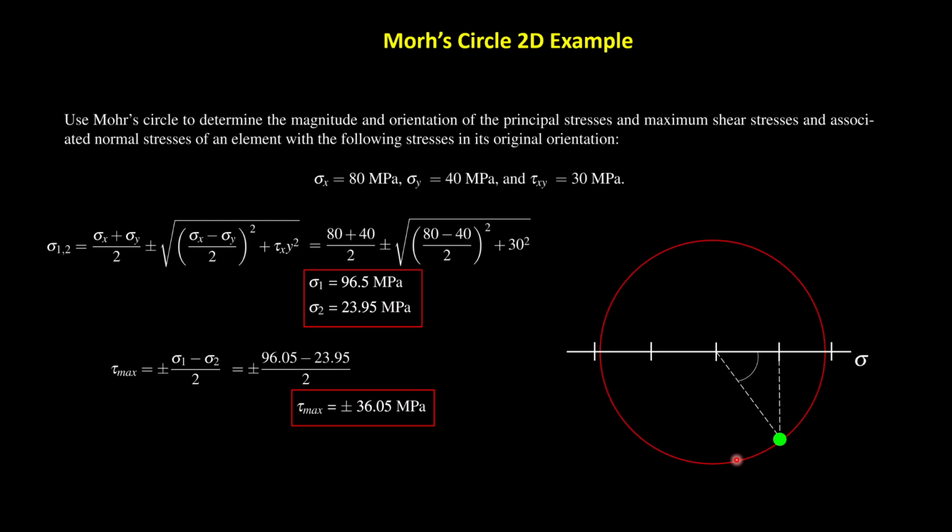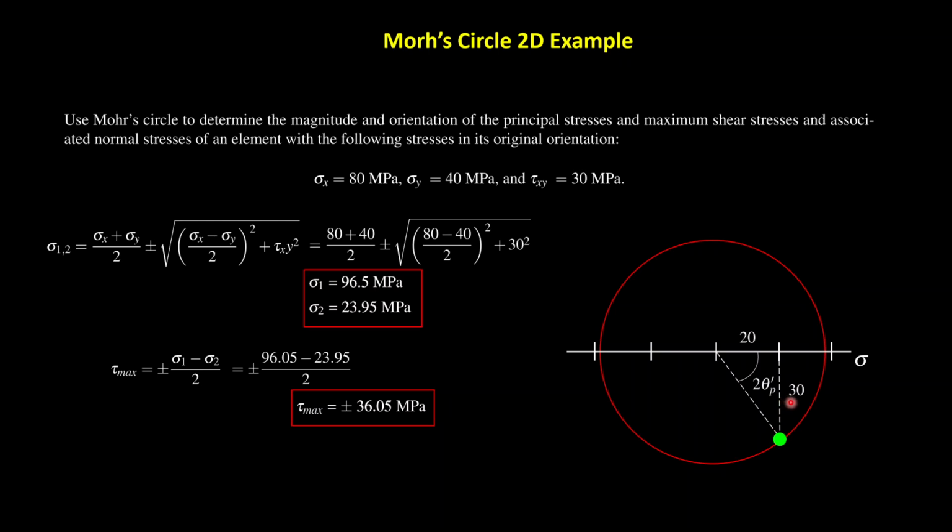Let's remember that the coordinates of this point were 80, comma, minus 30. But 80 was the coordinate on the normal stress axis, and I knew the center of the circle was 60, so this side is going to be 20, and this vertical length is going to be 30.